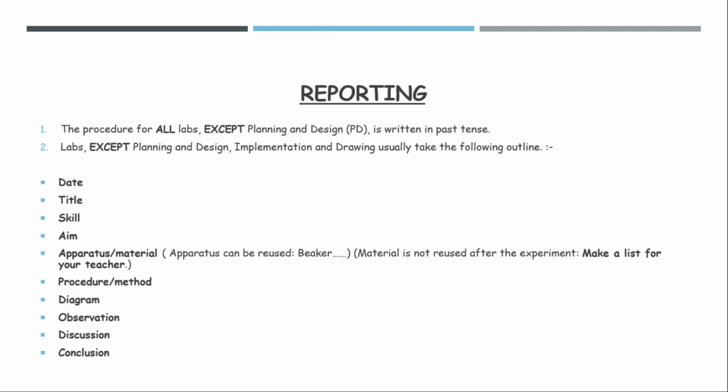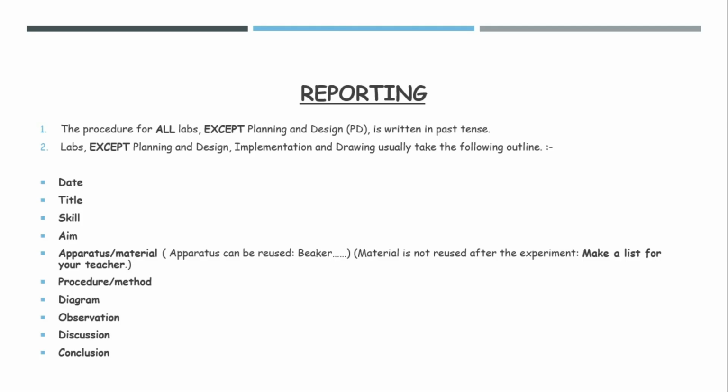Your beaker, your spatula, your Bunsen burner, and the list goes on and on. While material refers to those things in the lab when we carry out an experiment that are not reused, we throw them away. Please make a list for your teacher and tell me how well you fared.